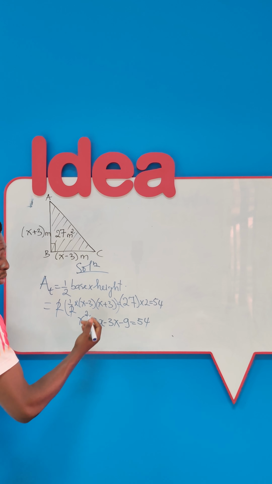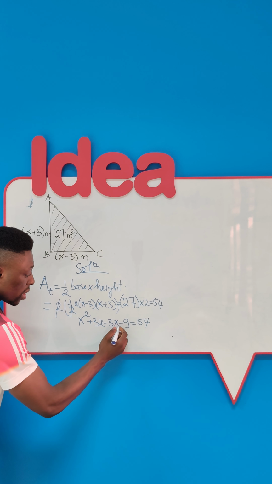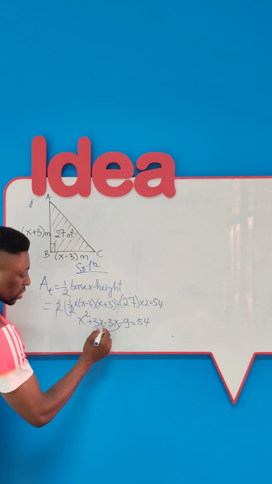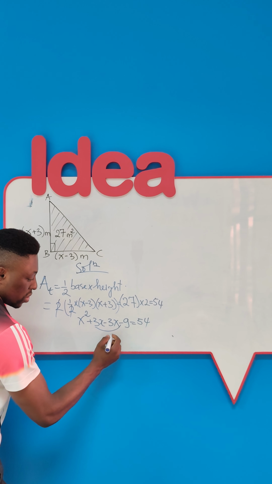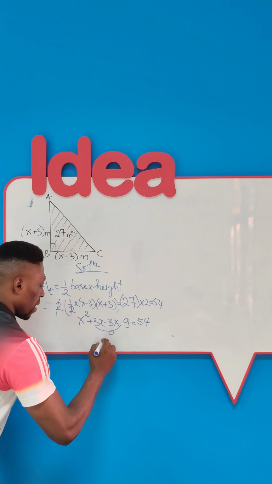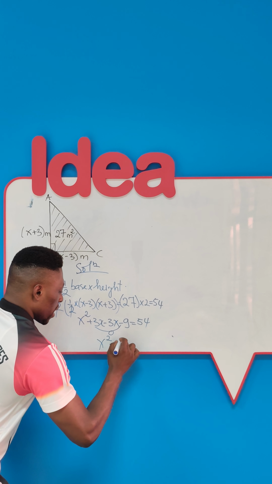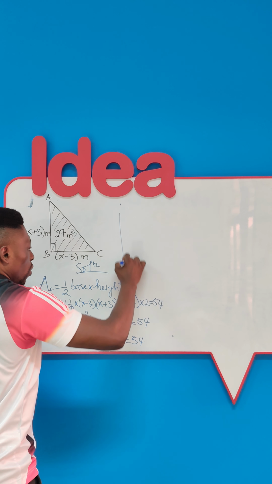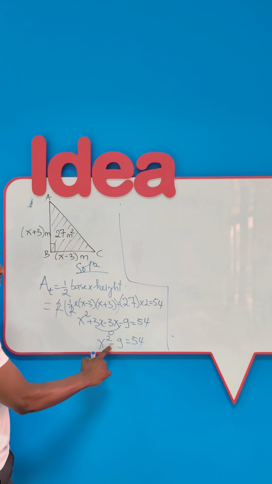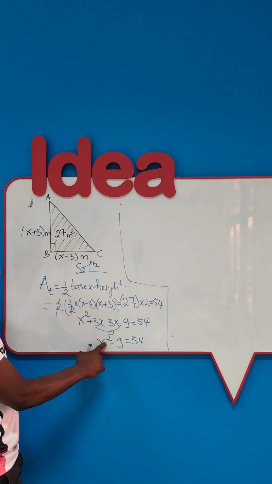At this point, I just have to simplify my equation. I notice that these terms are going to cancel each other because 3x minus 3x is just 0. So we're going to have x squared minus 9 is equal to 54. The next thing to do is to make x the subject.